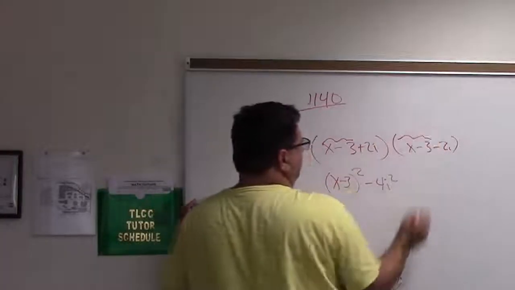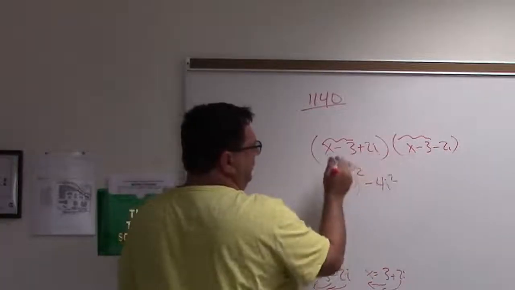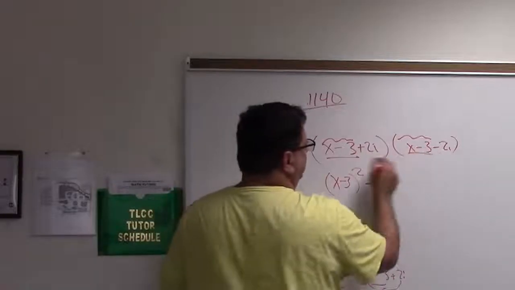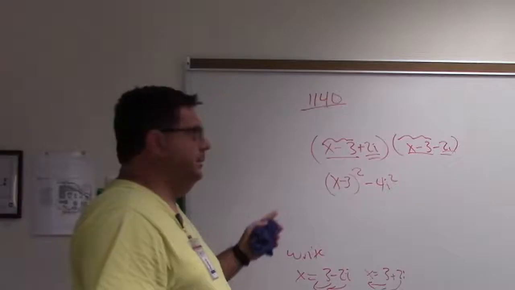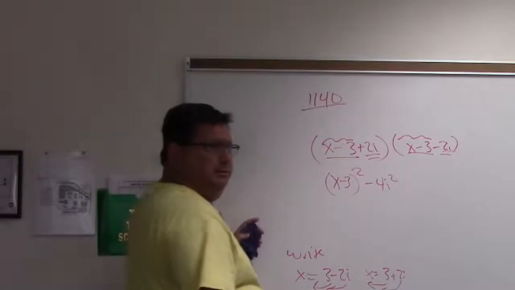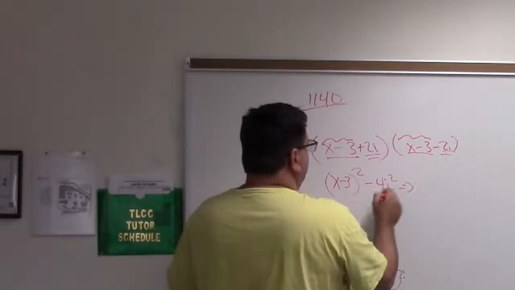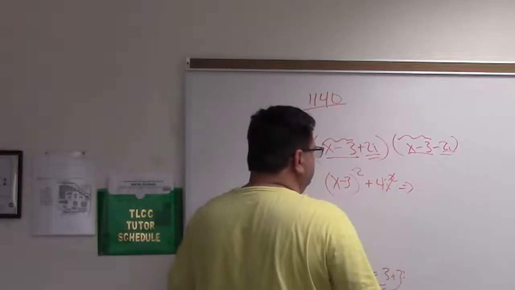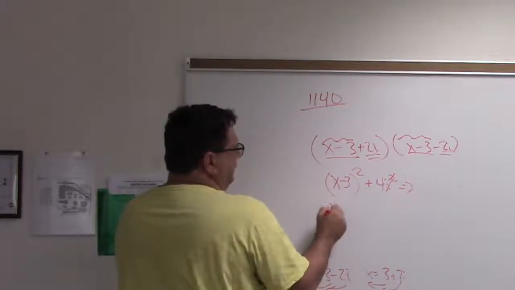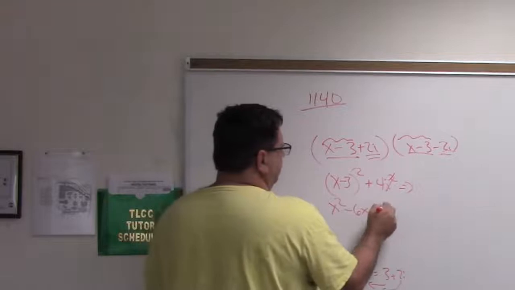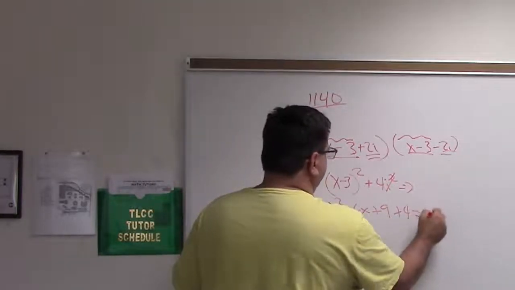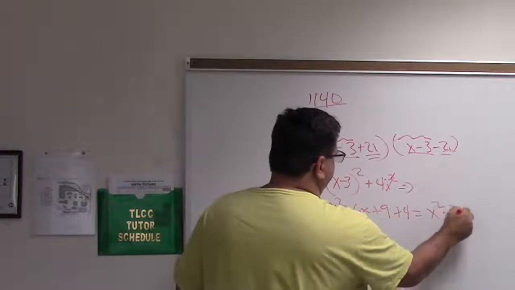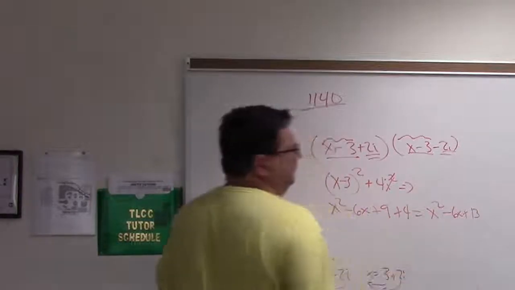This is a difference of two squares. This piece times this piece minus this piece times this piece. Yeah? Yes, sir. i squared is negative 1, we know that. So this becomes positive 4. So this is x squared minus 6x plus 9 plus 4, which is a final answer of x squared minus 6x plus 13.